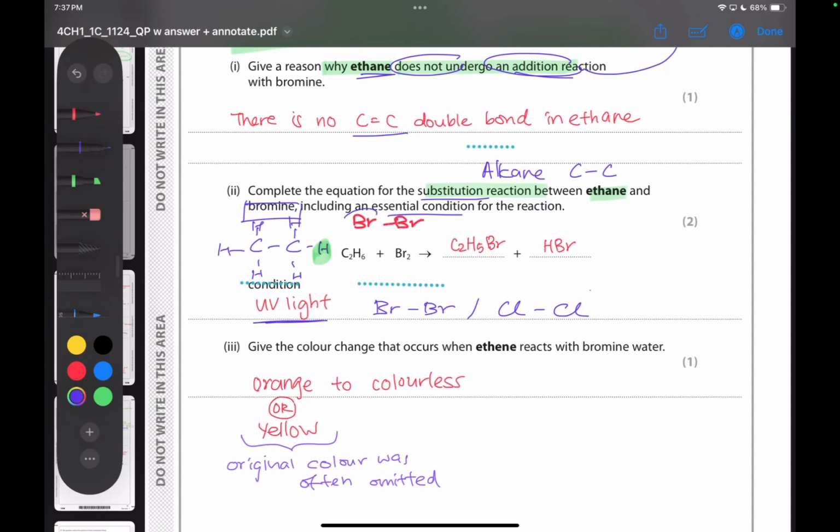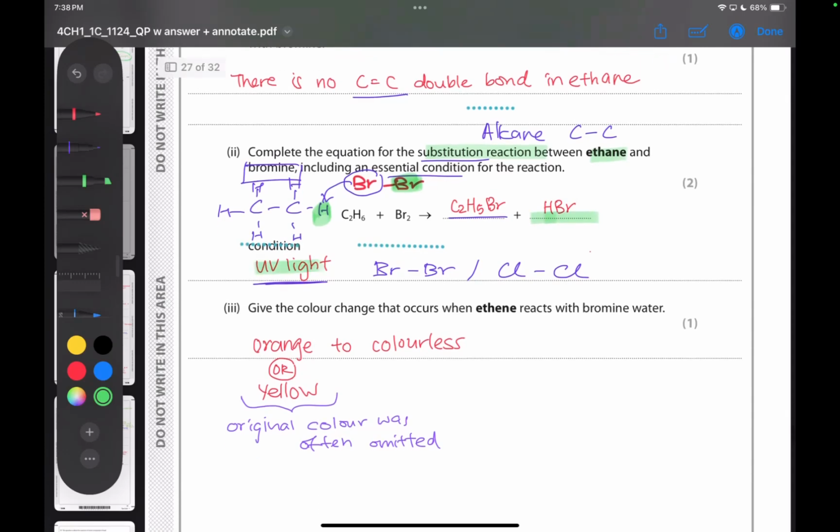This bromine would substitute with the H. So what we have here will be C2H5Br, one hydrogen less, but with the addition of Br. Where is this H going to? It is going to be combined with the other Br that has not been substituted. So we end up with a small side product of HBr here. Okay, so the condition is UV light.